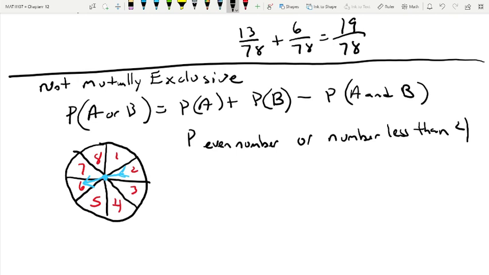So first off, let's say the probability of A. And A is going to be my even number. So if I look at my spinner, the even numbers we have, this is going to be 4 out of 8. Okay. Probability of B, and this is going to be less than 4.